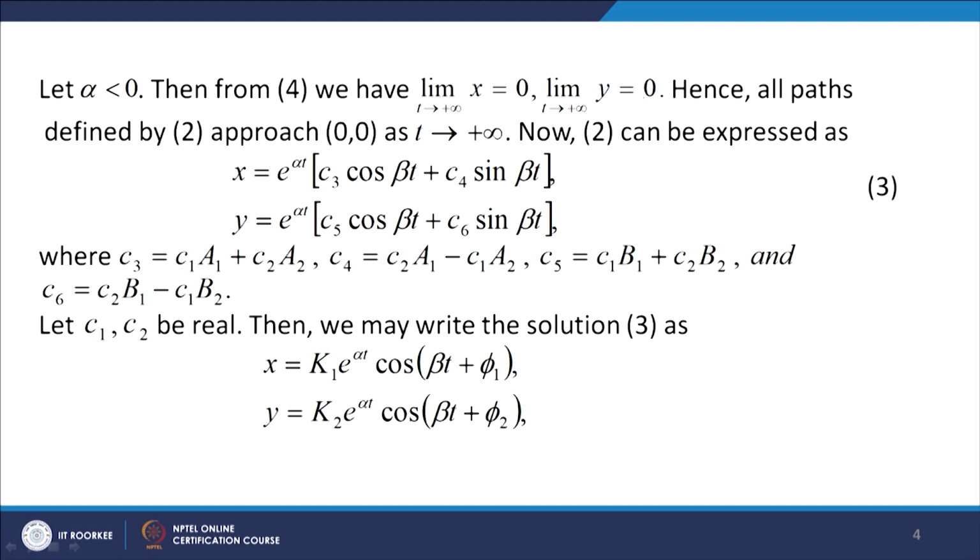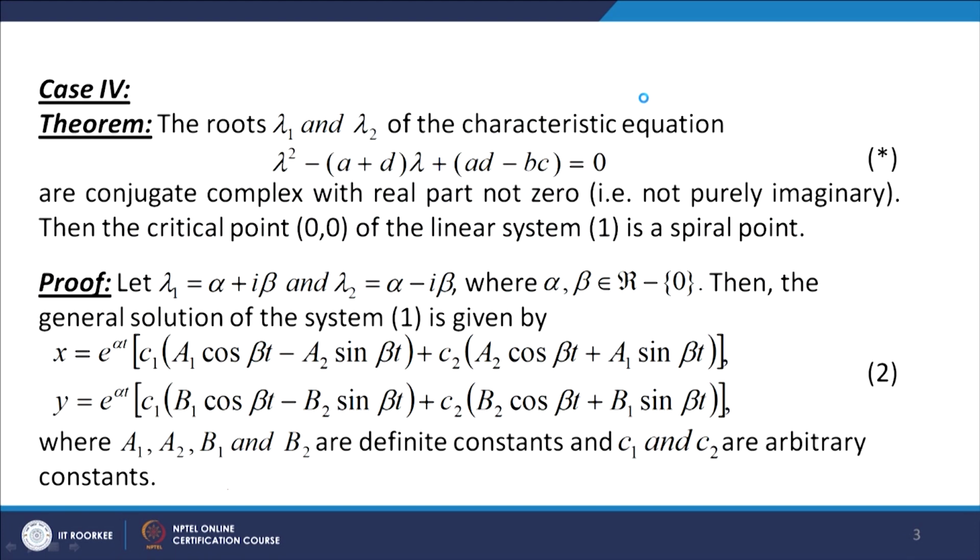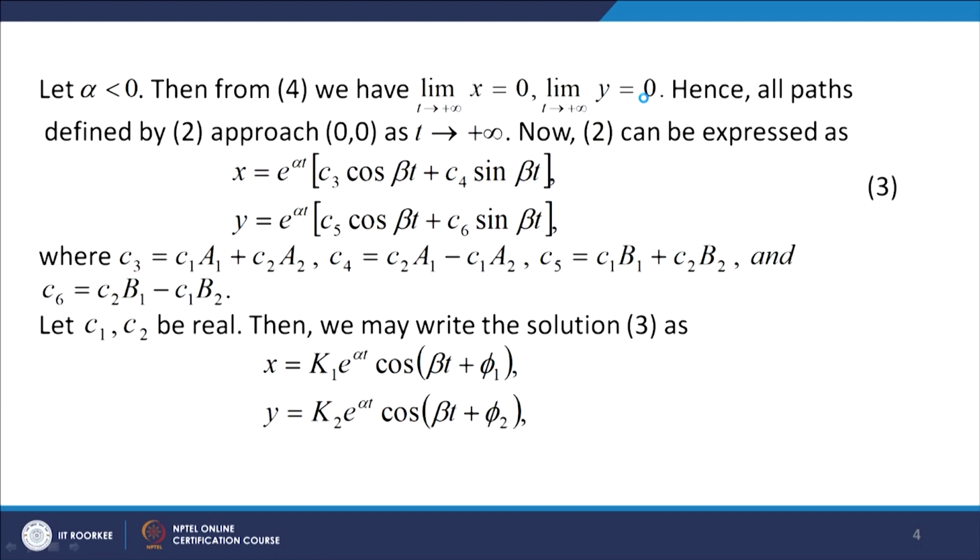Now we can write the equations 2 by collecting the coefficients of cos beta t and sin beta t. x and y can be expressed in this form: x equal to e to power alpha t multiplied by c3 cos beta t plus c4 sin beta t, y equal to e to power alpha t multiplied by c5 cos beta t plus c6 sin beta t.